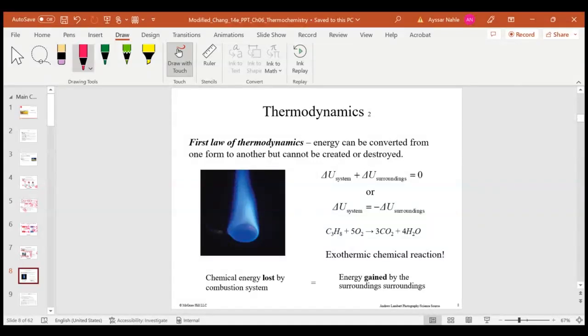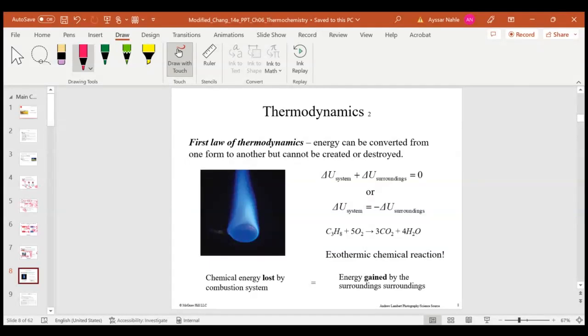Let's move a little bit further to talk a little bit more about it. Let us go through the first law of thermodynamics. Now, since there is thermodynamics, that means the heat goes from one place to the other place, okay? That's the motion of the heat. It means there will be some laws that we have to follow.